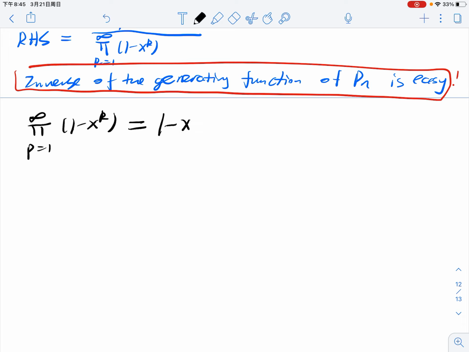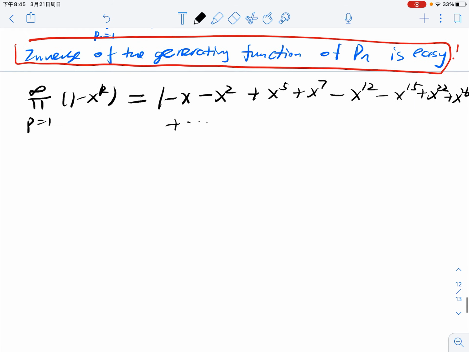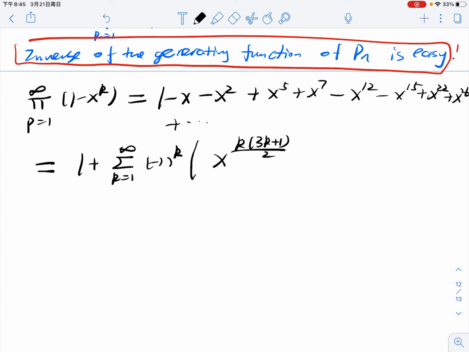So it's 1 minus x plus x squared... more precisely 1 minus x minus x squared plus x to the 5 plus x to the 7 minus x to the 12 minus x to the 15 plus x to the 22 plus x to the 26. You can organize them in the following two ways. Firstly, as the summation of -1 to the k, x to the k times 3k plus 1 divided by 2, plus x to the k times 3k minus 1 divided by 2.